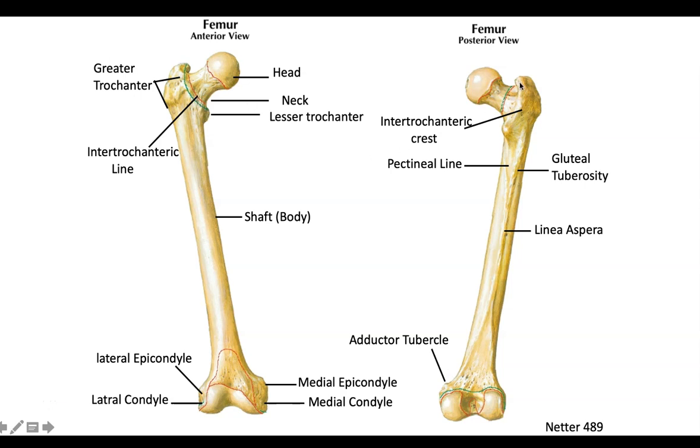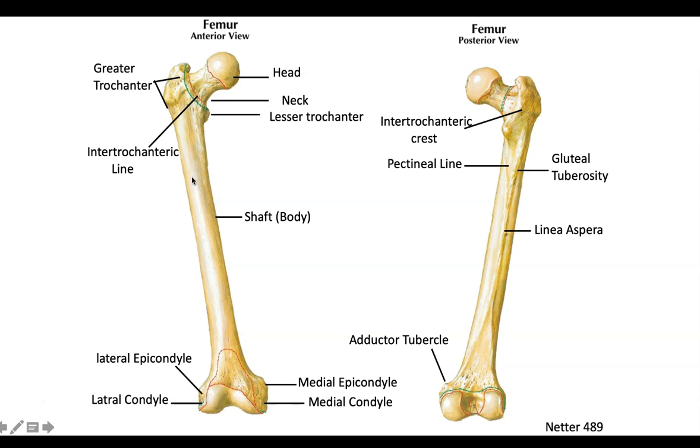Similarly, posteriorly, they are connected by a more prominent bony ridge or crest, called the intertrochanteric crest. So anteriorly the intertrochanteric line and posteriorly the intertrochanteric crest connect the greater and lesser trochanters of the femur.